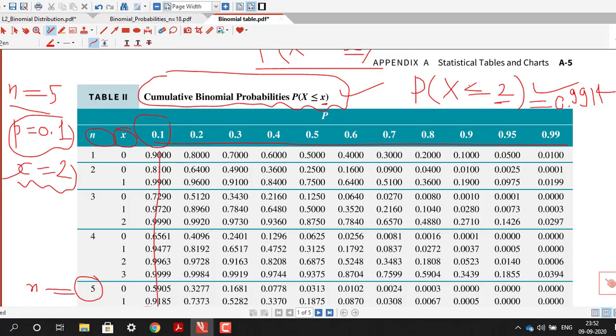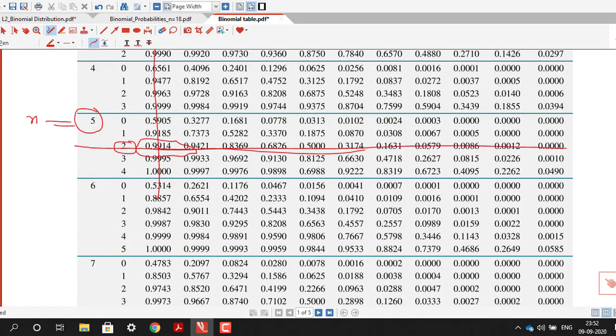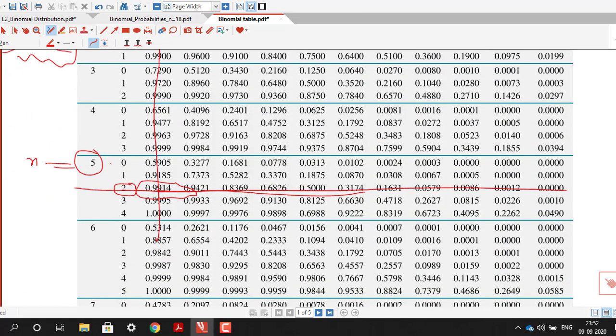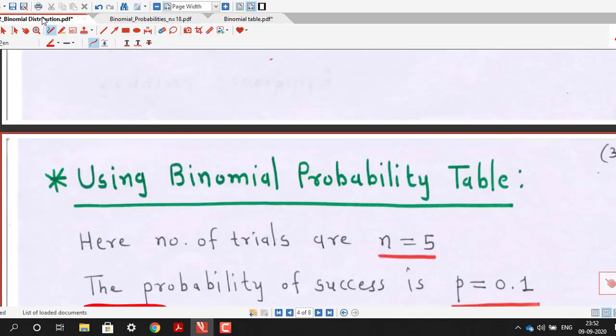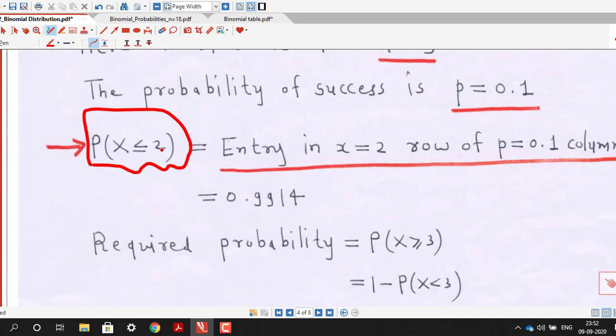Okay, so we find out this probability using n equal to 5 and entry in the x equal to 2 row and p equal to 0.1 column. Okay, so this is our answer, 0.9914. So probability that capital X less than or equal to 2 is entry in x equal to 2 row of p equal to 0.1 column, and we find that it is 0.9914.